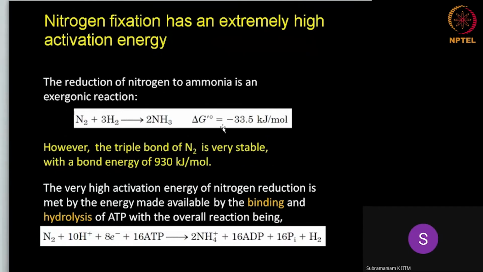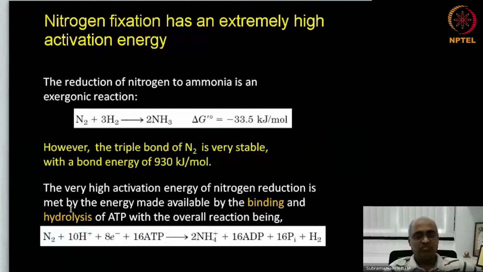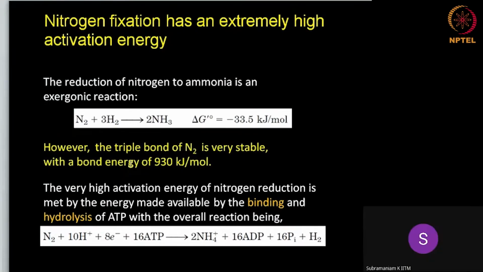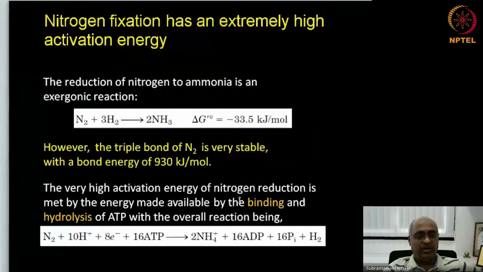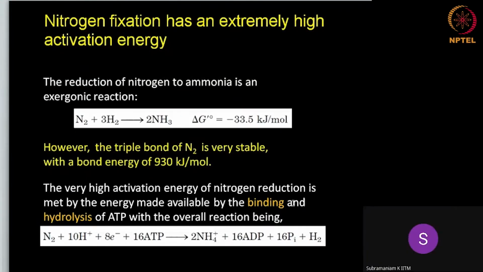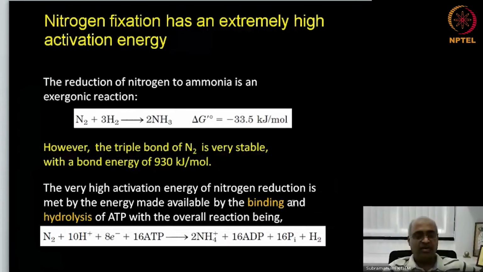And the enzyme nitrogenase, which we are going to see in a minute, manages to overcome this high activation energy barrier by binding of ATP. Okay, when the ATP binds at the active site, the various non-covalent interactions that happen between the active site amino acid side chains and the ATP molecule provide a lot of binding energy there.